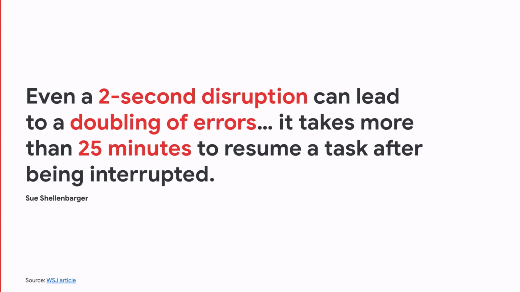And disruption is costly. Even a 2-second disruption can lead to a doubling of errors, and it can take more than 25 minutes, I think they say up to 40 minutes if you're in a task like programming that requires heavy focus, to regain that intense state of focus or flow that you had before the interruption.